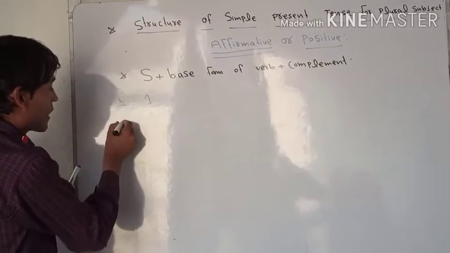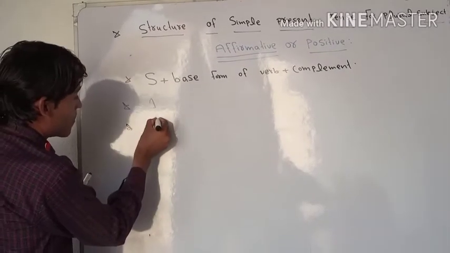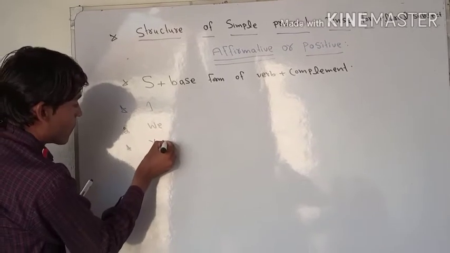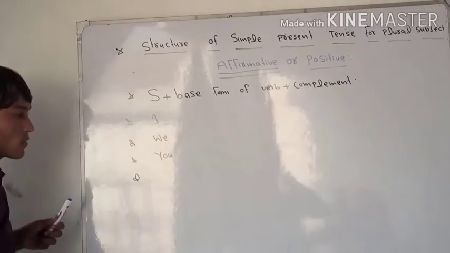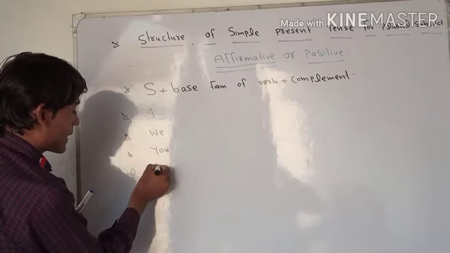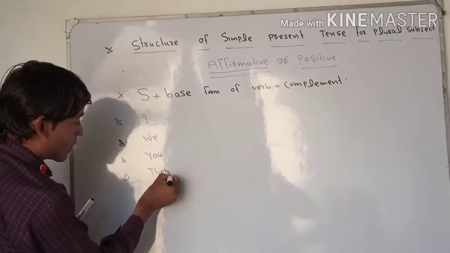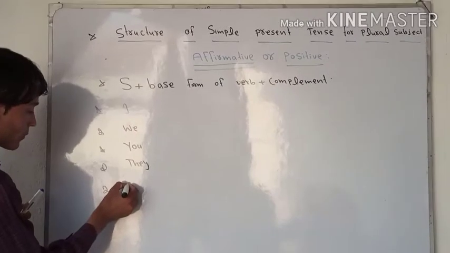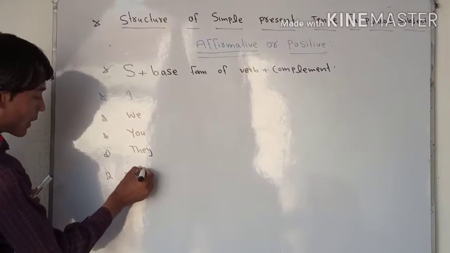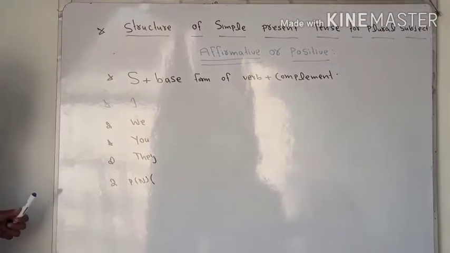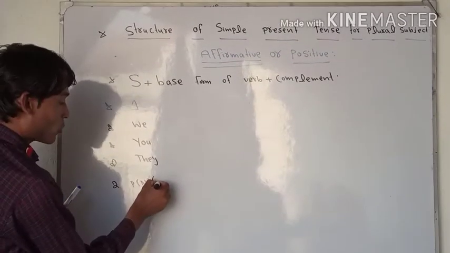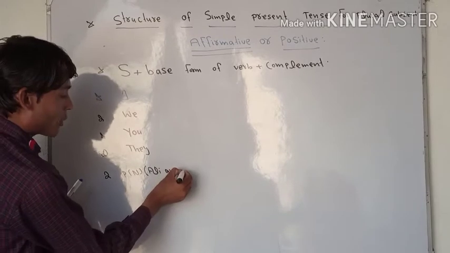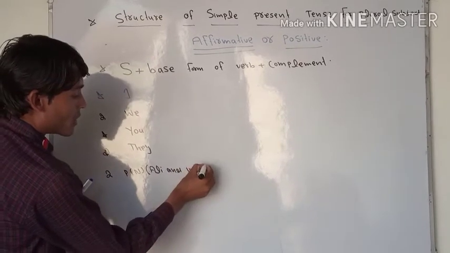The second we have is we, the third we have is you, and the other we have is they. And before they we also have plural nouns. Plural nouns means two nouns, for example, Ali and Umar. These are called plural nouns.